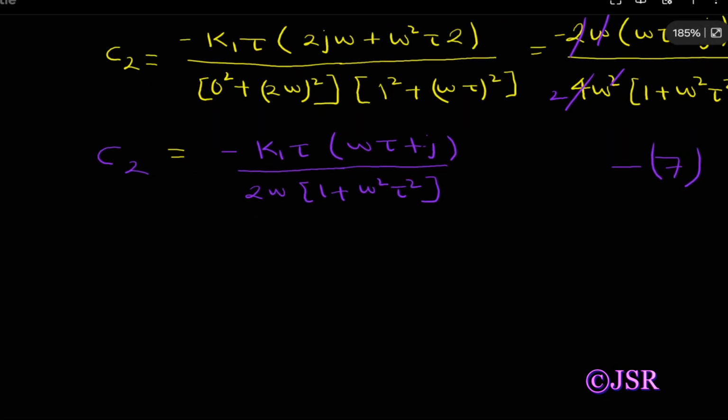This is equation 7. So C2 is a complex number.